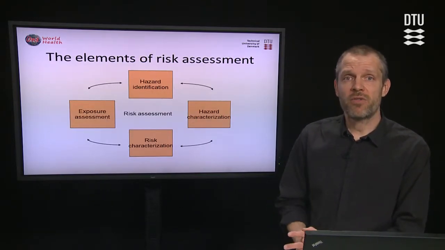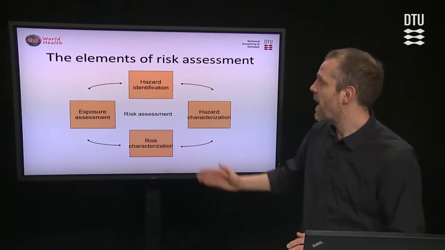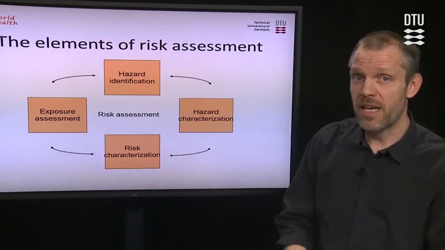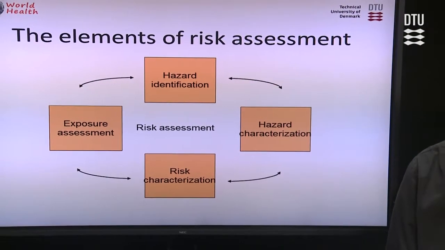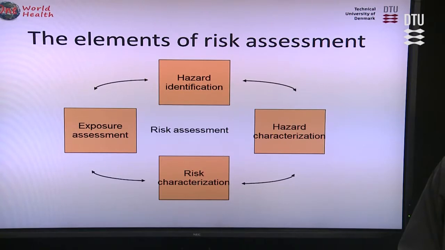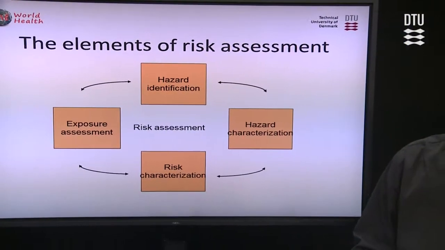Before we go on, I want to outline these four elements of risk assessment again. We always start with the hazard identification. In microbiological risk assessment, the hazard identification is very often given by the stakeholders. They come with a question they address, and in that question they specify the hazard.